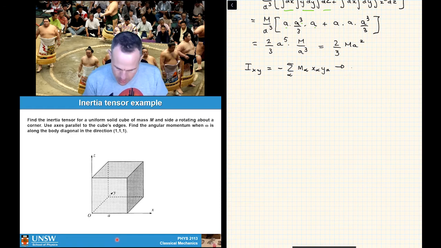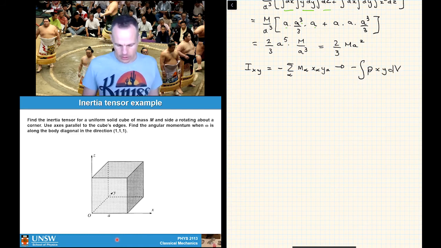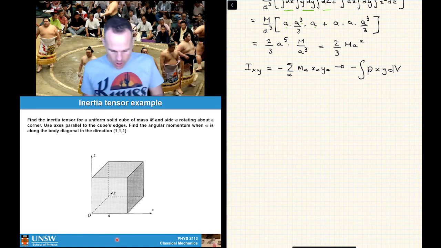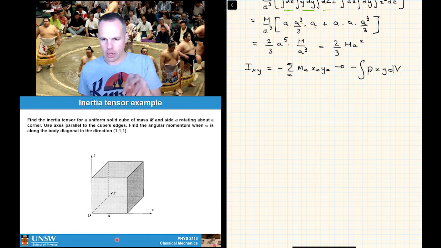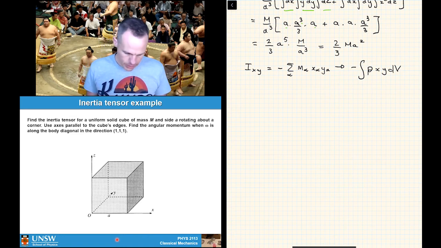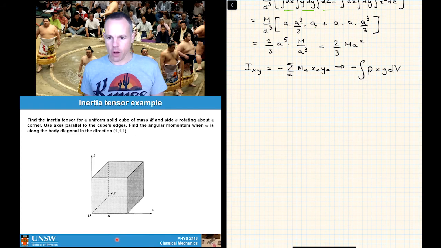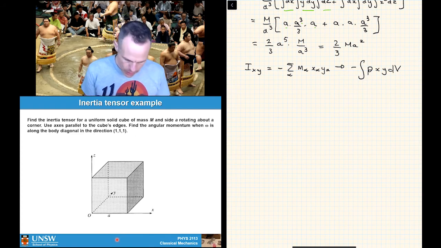It's now going to be minus the integral of rho x y dV. All I've done is x_alpha y_alpha becomes x and y, and make the same substitution from mass to dm to rho dV on the right hand side. And of course I've got a minus sign in this term and not a plus sign, as we discussed on the last slide.